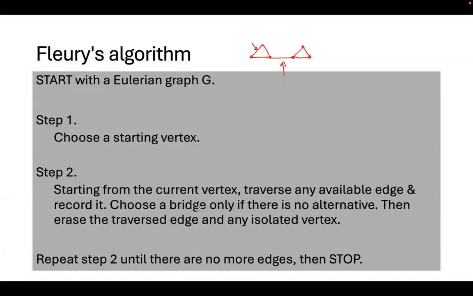So when we're choosing an edge, we only choose a bridge if there's no other option. And then we erase it and any isolated vertex that comes along with it and continue. So starting from wherever we are, we choose an edge and traverse it, go to the other vertex, delete that edge. So we go through the graph this way until there's no more graph, and then we've got our trail.